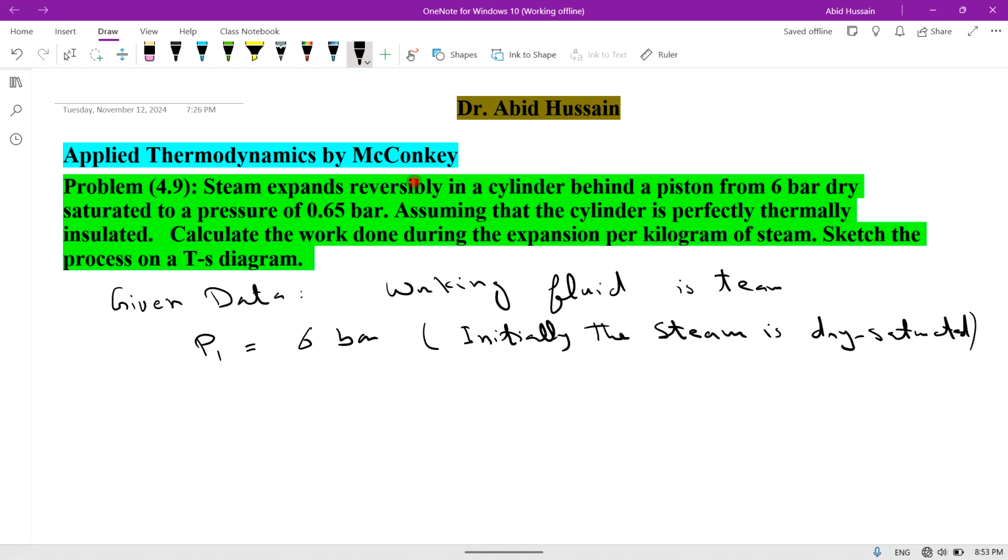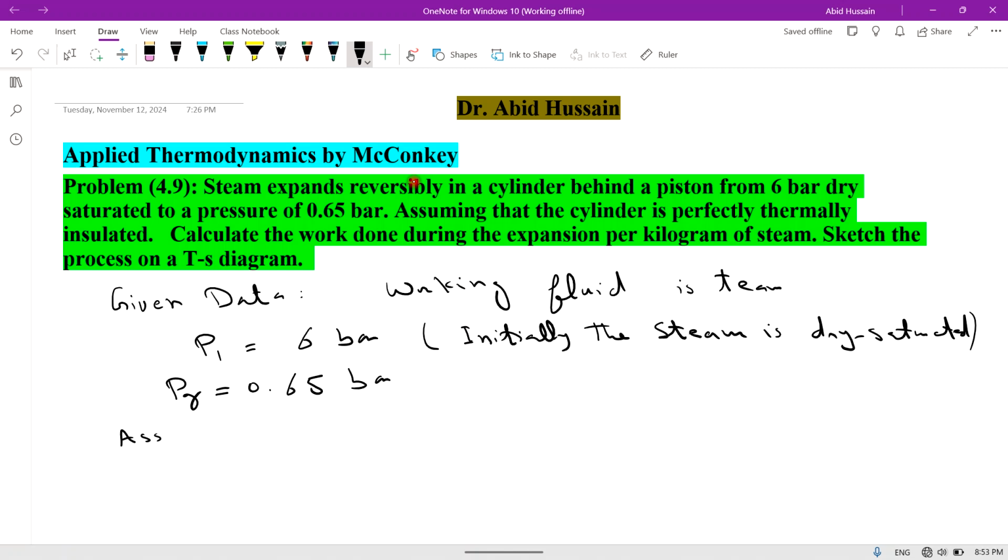After expansion, pressure decreases and volume increases. After expansion, pressure is 0.65 bar. Pressure decreases from 6 bar to 0.65 bar, assuming that the cylinder is perfectly thermally insulated.